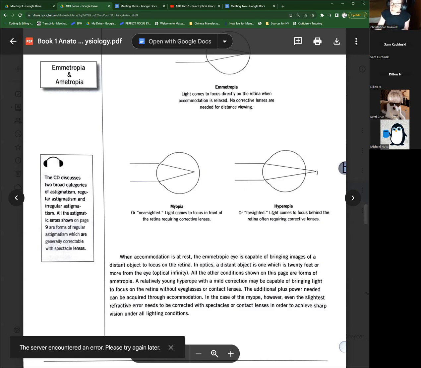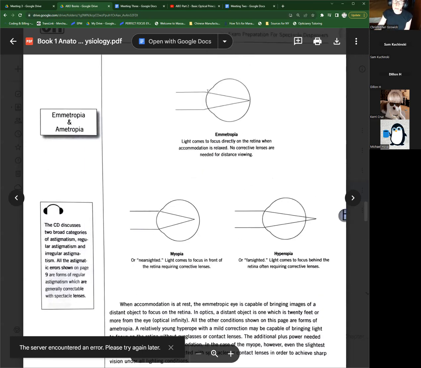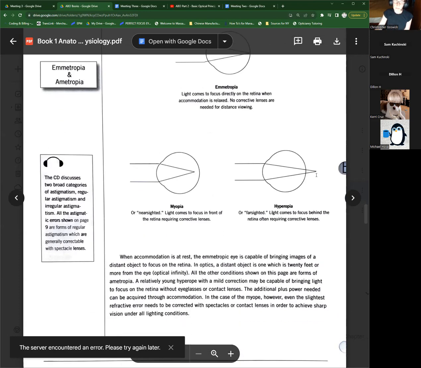If they're not too much of a hyperope, say maybe a +1, sometimes +2, maybe when they're young even a little higher, they can squeeze and drag that point forward so that it looks more like this emmetropic eye. So when they're young, they're just squeezing all the time, even in the distance.